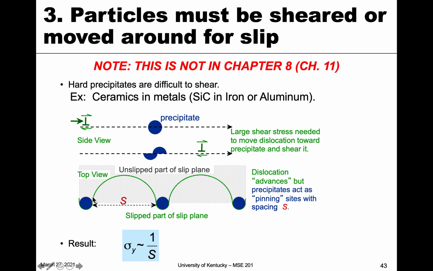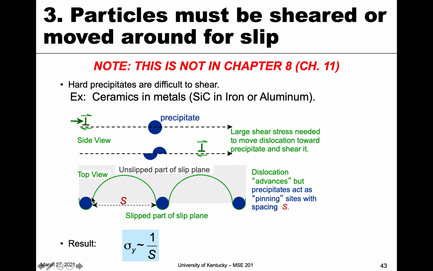Eventually it can move completely around the precipitate and then pinch off the dislocation, but it does require more energy. It takes more energy for the dislocation to bend around this precipitate.